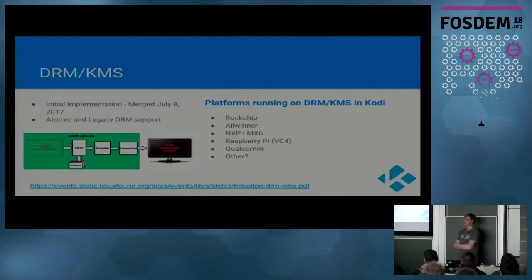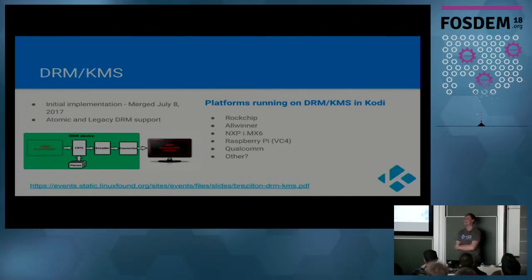I'm really relatively new to this scene anyway. I've only been working on this stuff for less than a year now. I attended the Embedded Linux Conference last year in Portland. I met Mark Janes there, who gave a presentation earlier today, and he basically asked me why Kodi doesn't run on the frame buffer on DRM, and I really didn't have an answer for him at the time.